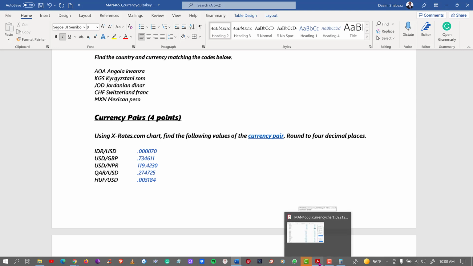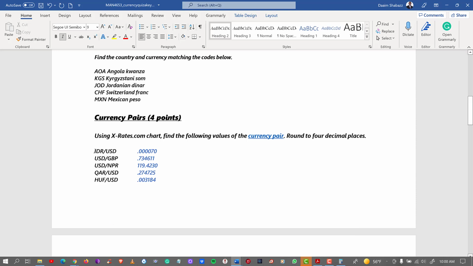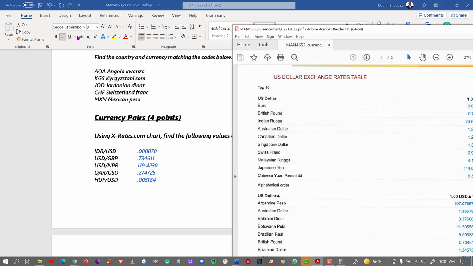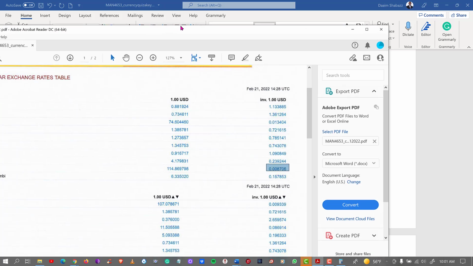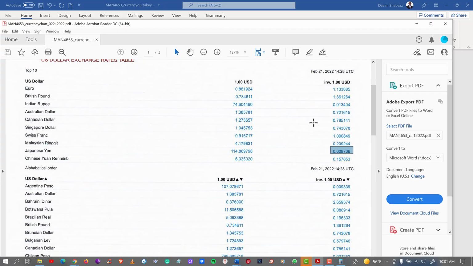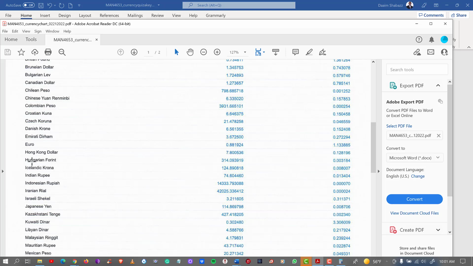So that chart, we look at the currency pair. The first entry is the 1. So you're looking at how much 1 Indonesian rupiah, because we have the currency code, is equal to in US dollars. So that means we'll have to pull out this chart again, and we look for Indonesian rupiah on the chart.